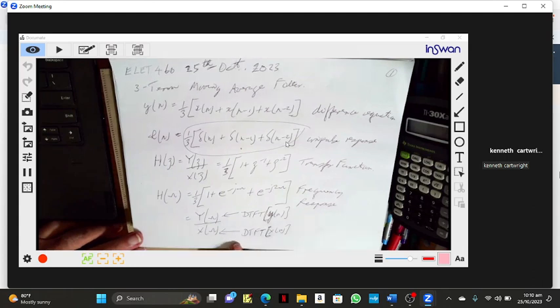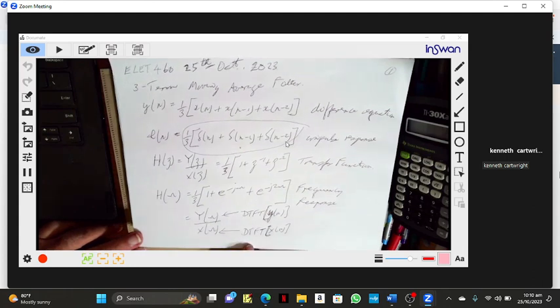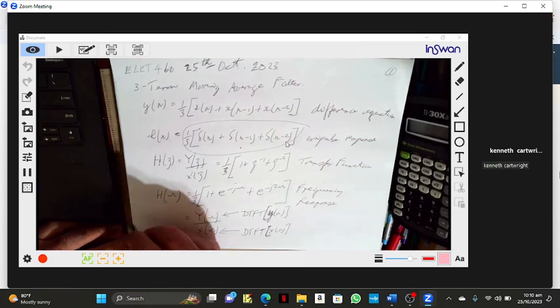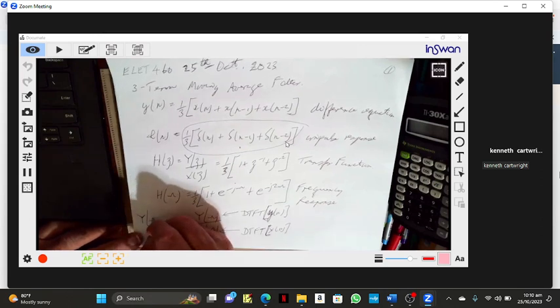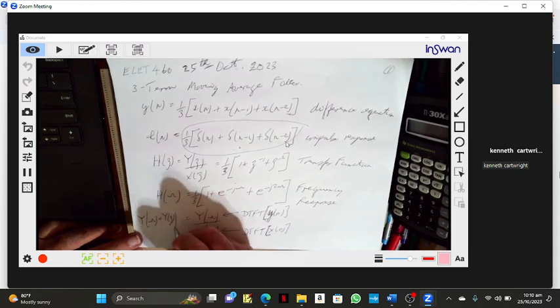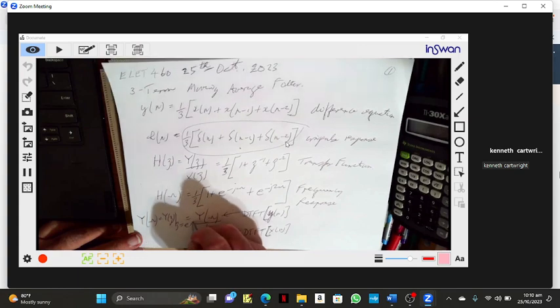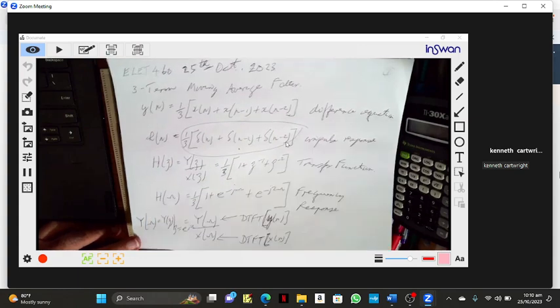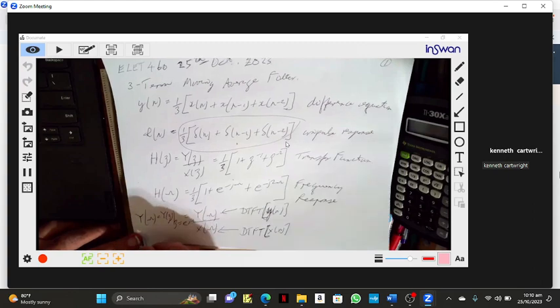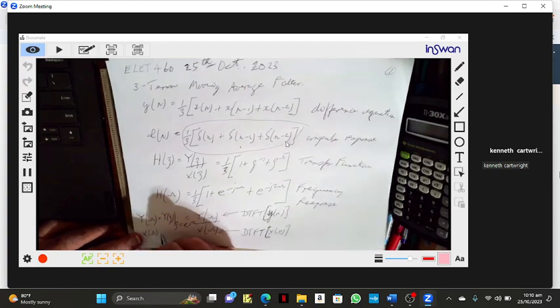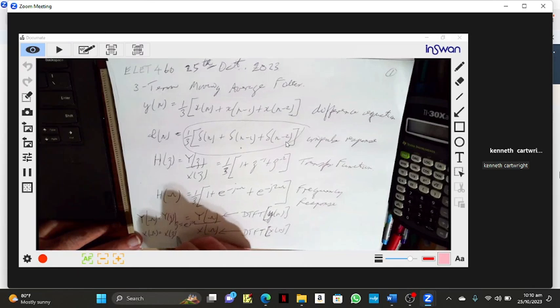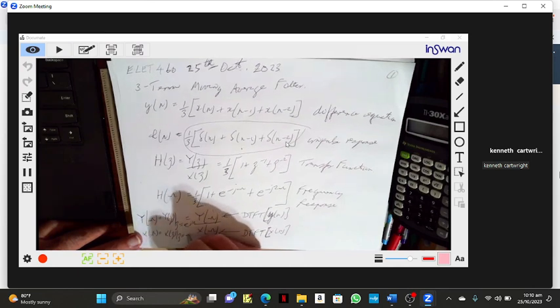Okay, this is something new today. We didn't do this last class. And Y of omega is simply Y of z when z equals e to the j omega. And X of omega is simply X of z when z equals e to the j omega.